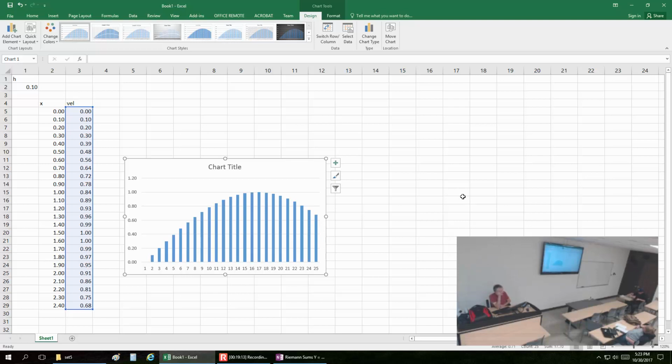It is increasing, then it reaches the maximum of velocity and then decreases. That's all there is. I even chose, out of all the charts possible, the chart that has bars, because remember, that's what we're going to be doing. We're going to be adding these together, as we have algebraically.